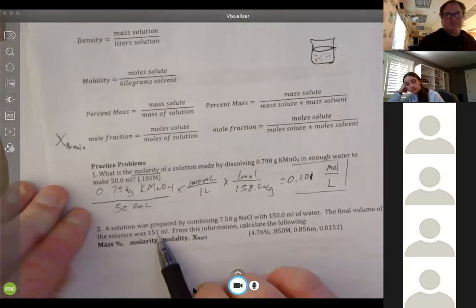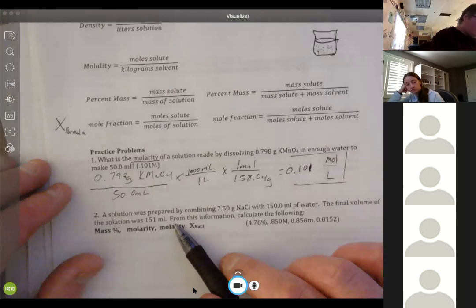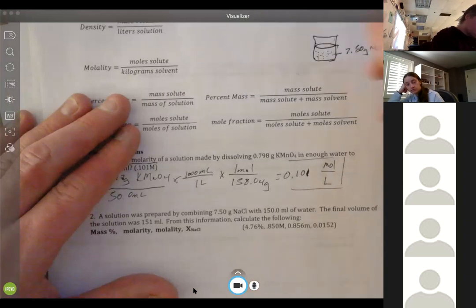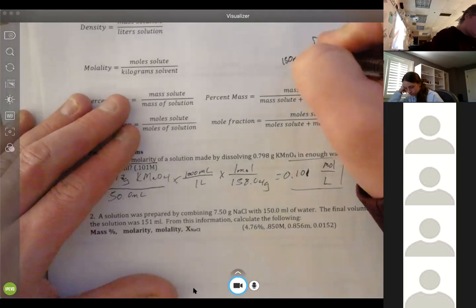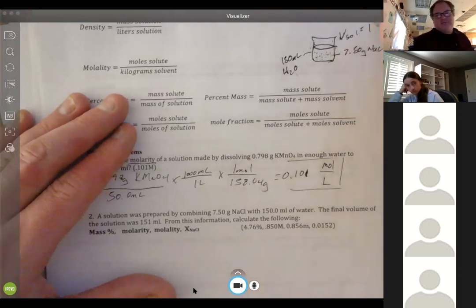And that's it. So we know we have put 7.50 grams in there of NaCl. We know that there are 150 milliliters of water. And we know that the volume now of the solution equals 151 milliliters. That's all the information that we can get from that.